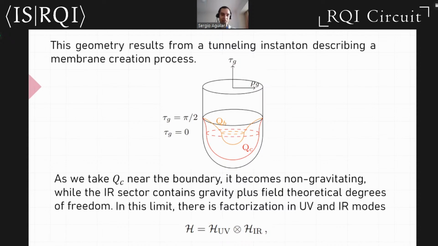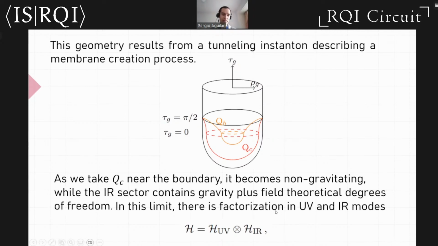In that case, gravity becomes basically non-dynamical, and then one can study these information theoretic properties without having to worry about non-local gauge invariant observables. Now you have much more control.